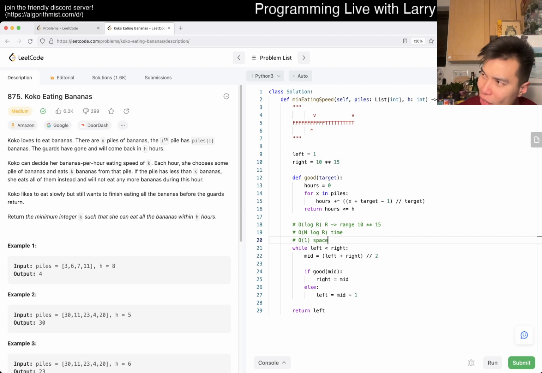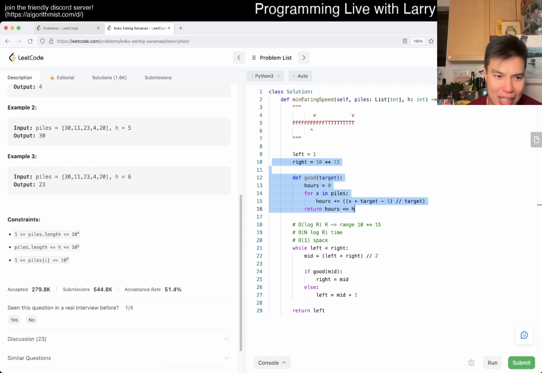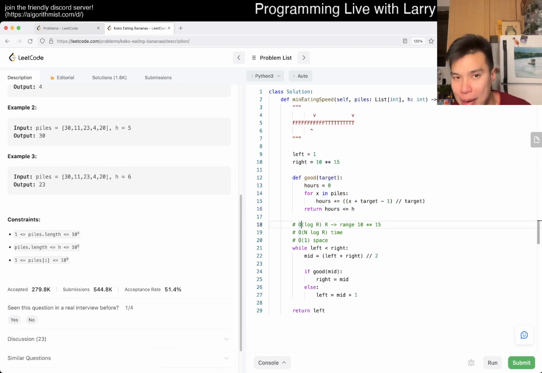So 2 to the 30 is 10 to the 9, right? So 10 to the 15 is that times like 1,000,000, so that's 2 to the 50, say, right? Give or take. And so that means that this loop is only 50. 50 times n is going to be fast enough because n is only 10 to the 4th. That's how I would do my math.